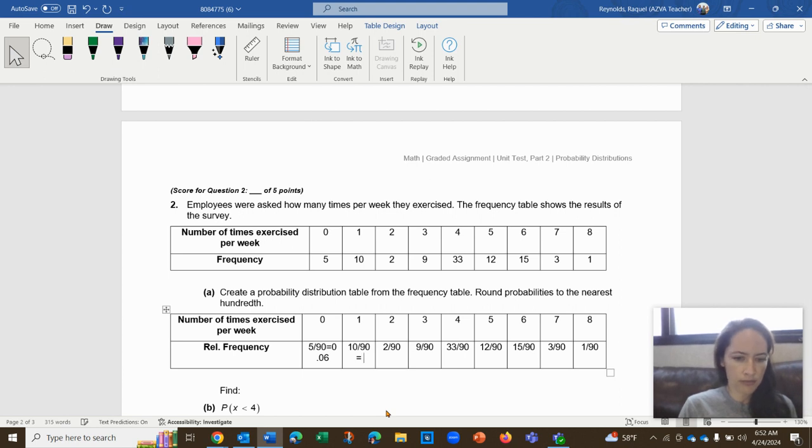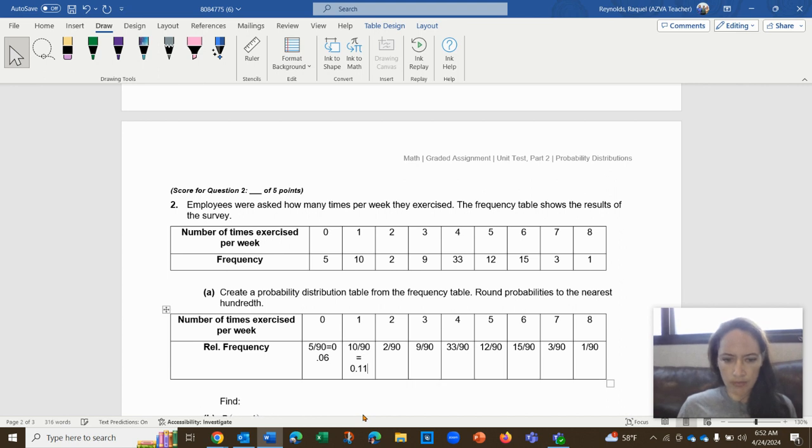Equals 0.11. Equals 0.222. Yeah, okay. 1 divided by 90. No, 10.